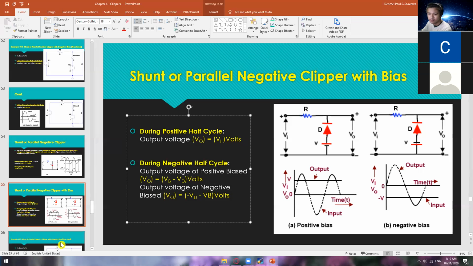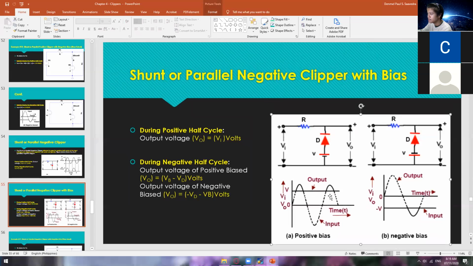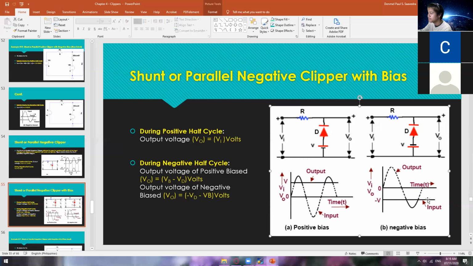Okay. So that's it for the parallel negative clipper with bias. Okay. So here are their graphs, for the positive and then for the negative. Okay. So both of them are clipping the negative.